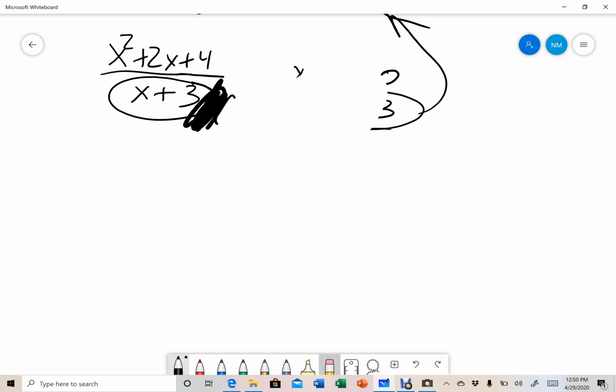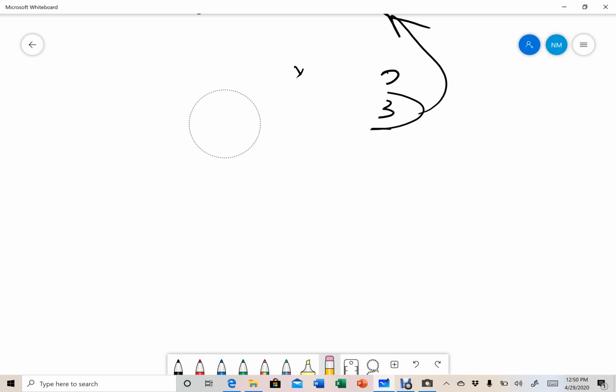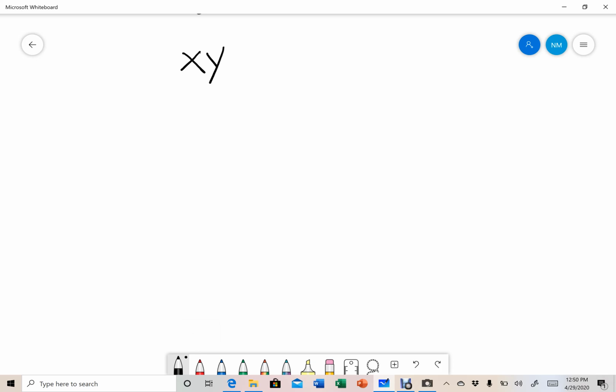Remember, the reciprocal is the inversion of the fraction. So we take our fractions and we flip them upside down. If I have, let's say, x and y, what would be my reciprocal for x and y?